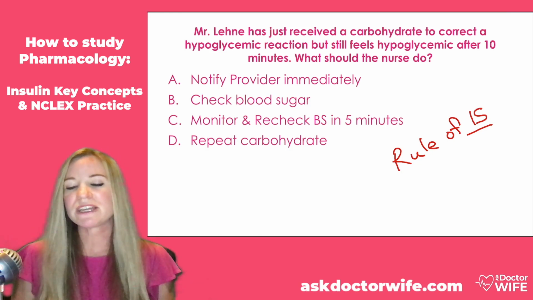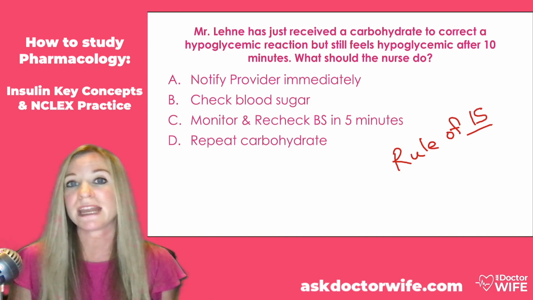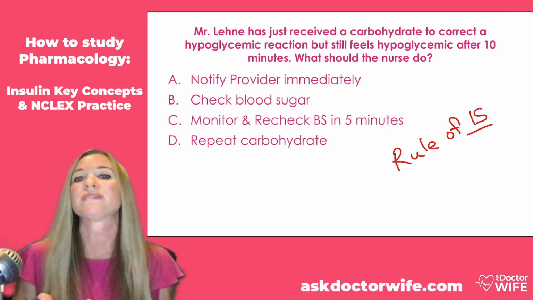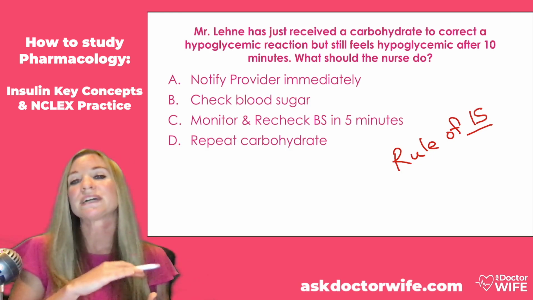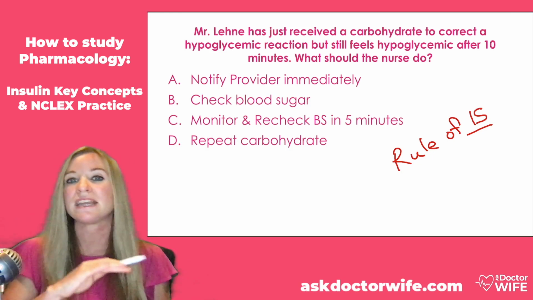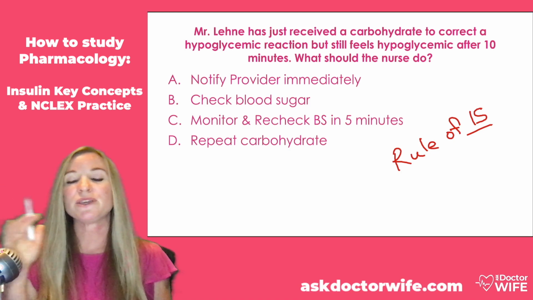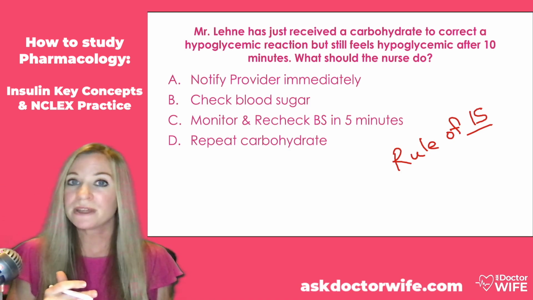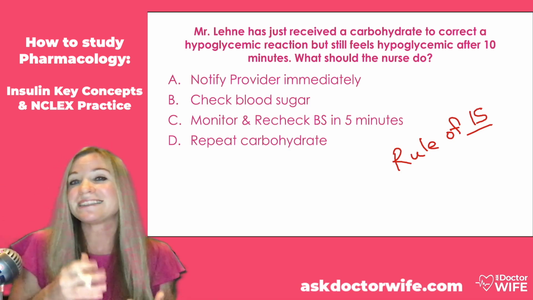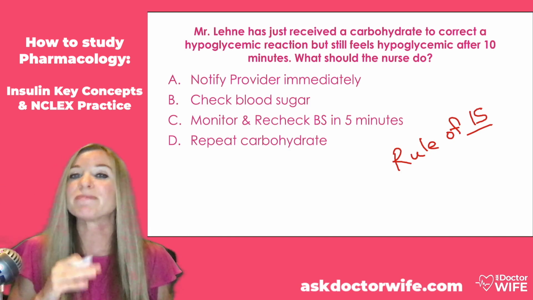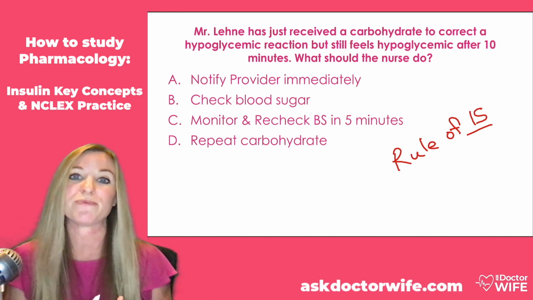So if we've given juice, after 10 minutes, it's probably true that that patient's blood sugar will continue to climb over the next few minutes. So if you were to check their blood sugar now, then it's whatever it says on that glucometer, it's probably going to go higher over the next few minutes.